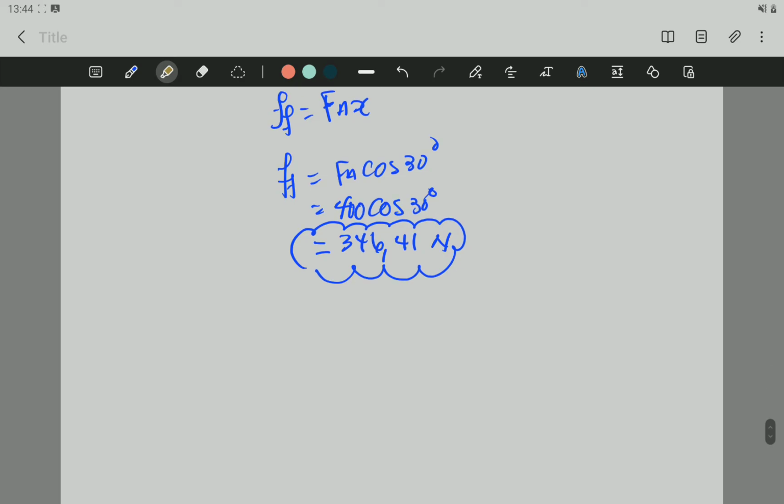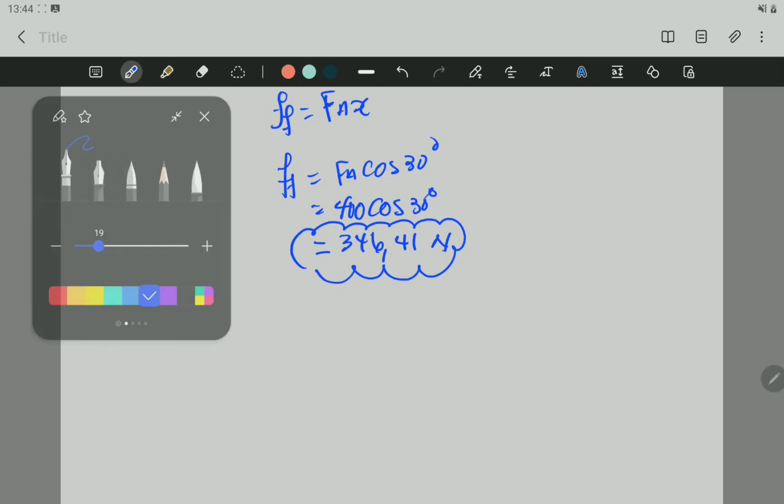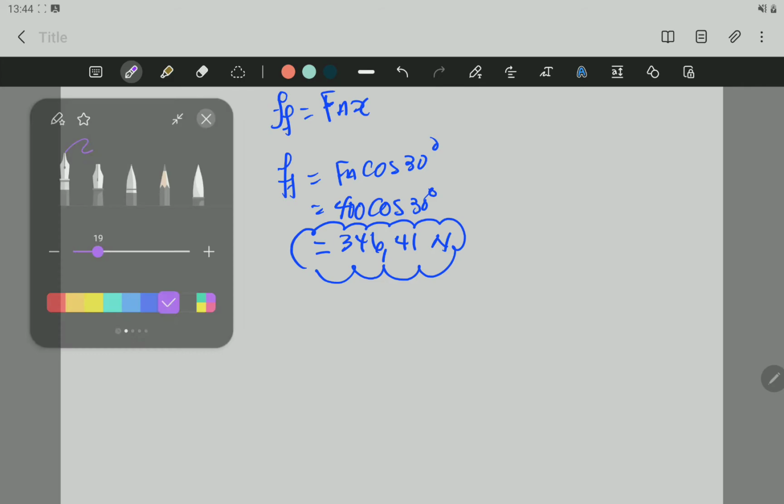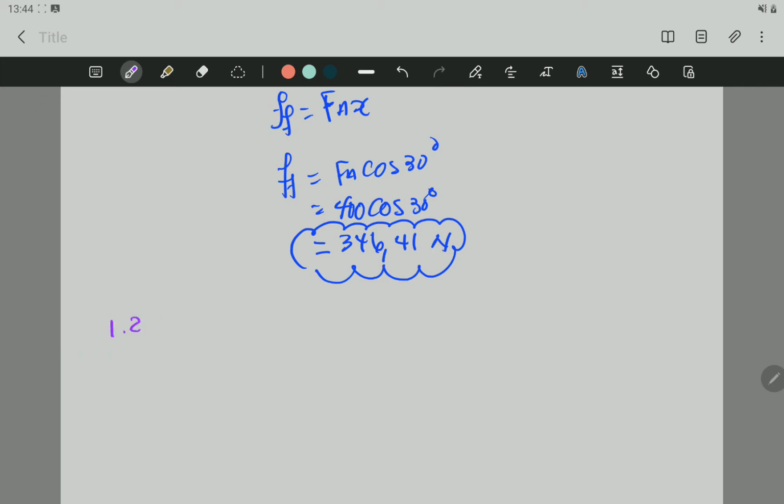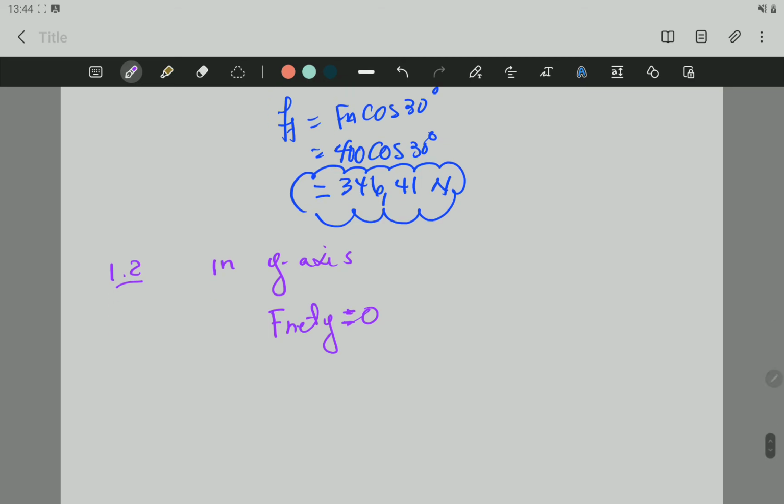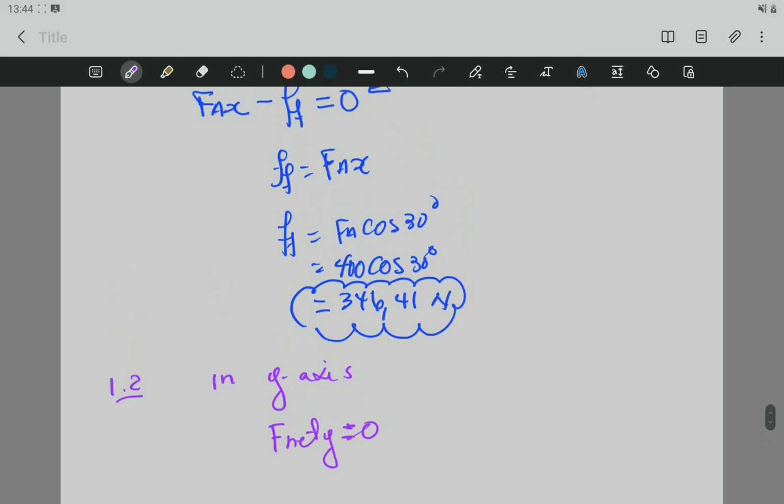Now note the following. The object is not moving in the y-axis. So in the y-axis, we're still going to apply Newton's first law, because the object is not moving and the forces are at equilibrium. So in the y-axis, F net is equal to 0. What forces do we have there?